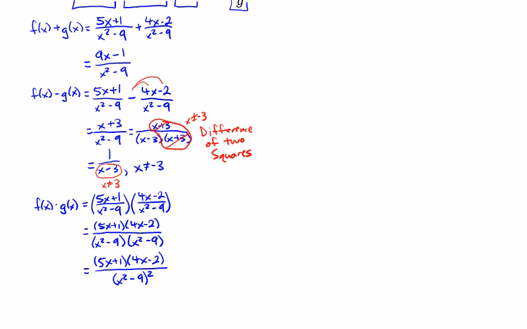So the only thing left is the quotient. So I'm going to do that right here to the right of my product. So f of x divided by g of x. And with this one, we're going to have a fraction divided by another fraction.